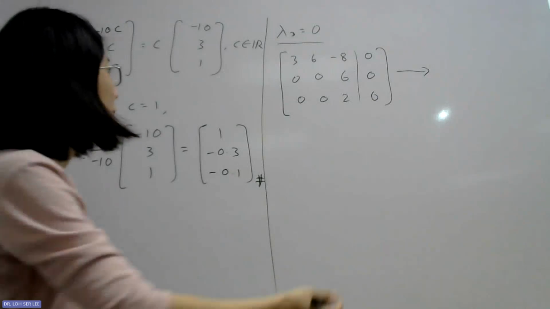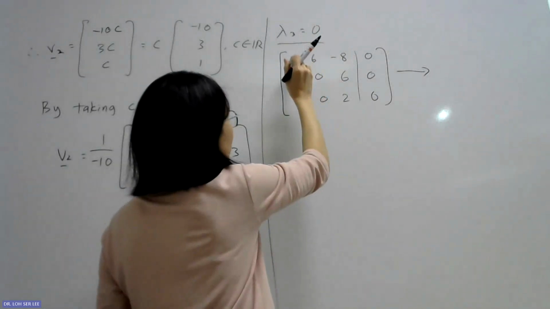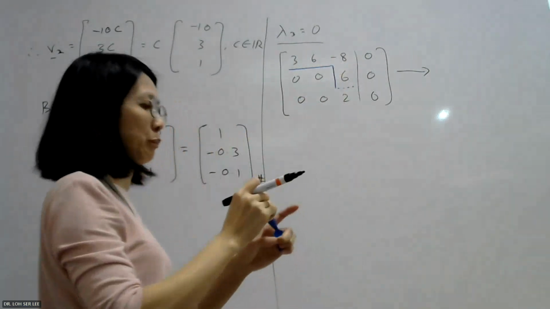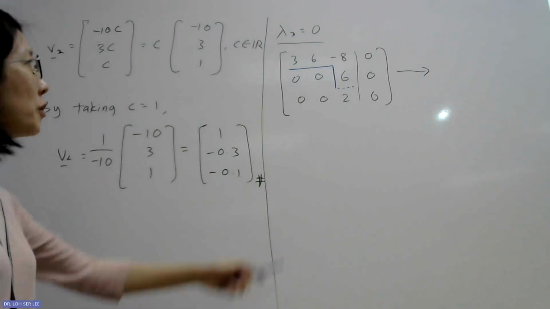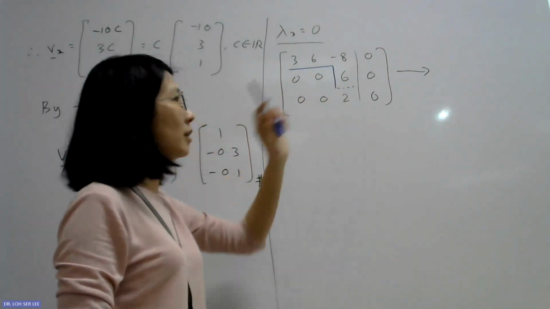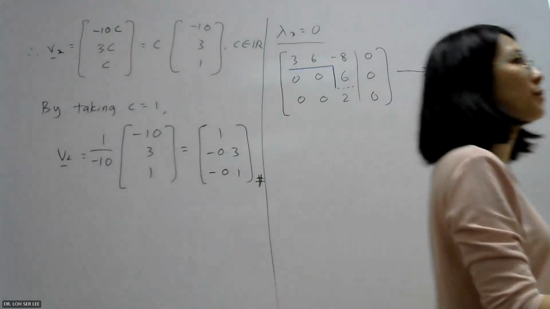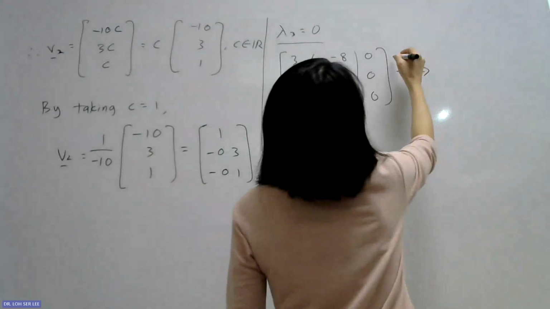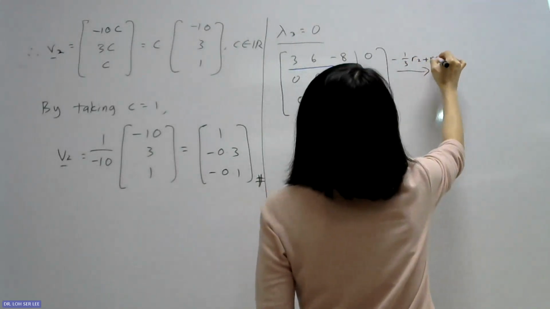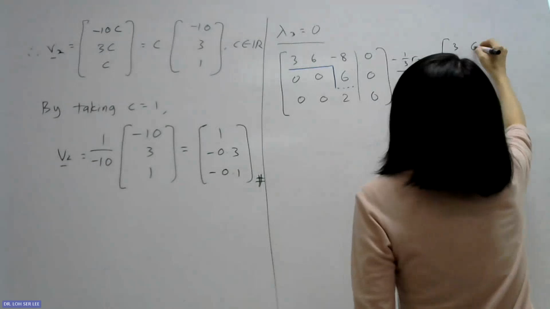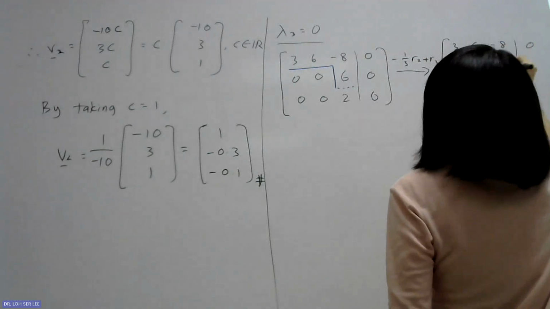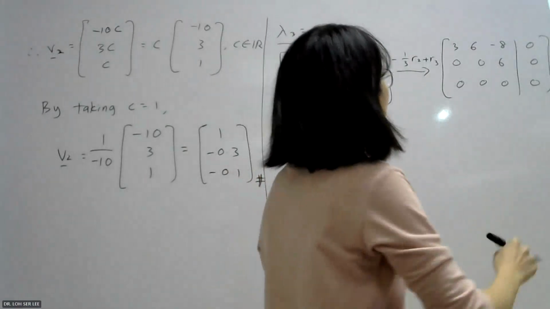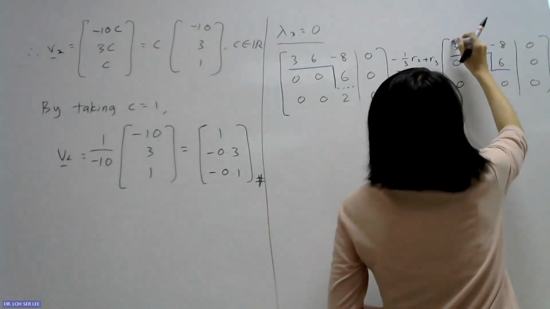Okay, we have to row reduce because when you sketch the staircase, it is non-zero, right? Goes down, turn right. Okay, so we use the 6 to change this into 0. Negative 1/3 R2 plus R3. Okay, 3, 6, negative 8, 0, 0, 6, 0, 0, 0. Okay, so this is your staircase.